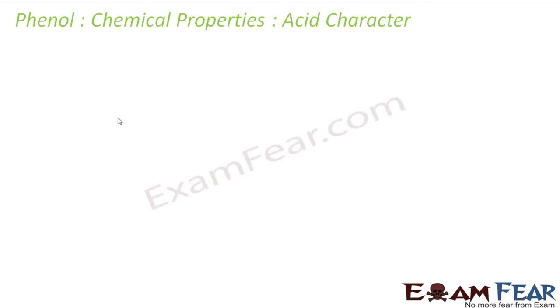So as we've discussed this earlier also, I have this phenol OH, right? So this oxygen is giving electrons to the whole ring. So since it is giving electrons to the whole ring, it has less electron density.